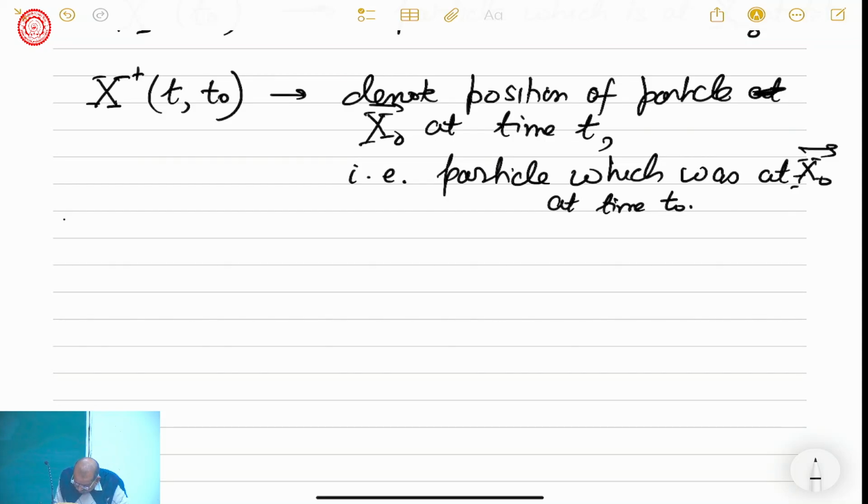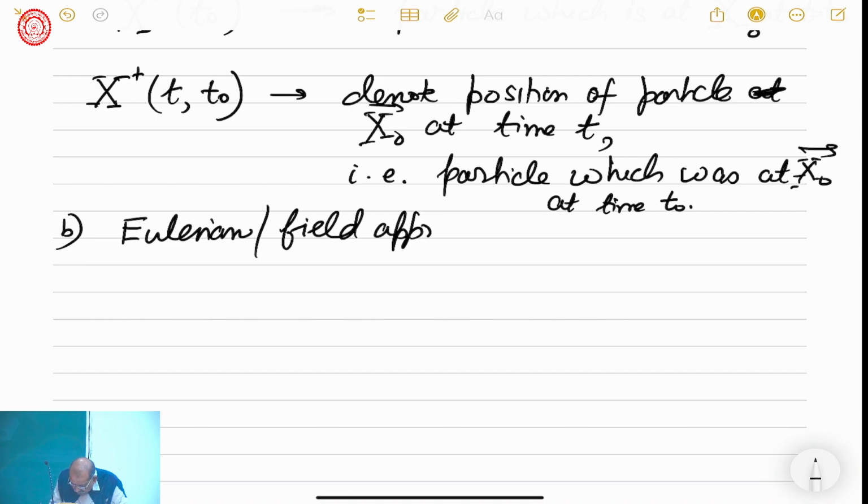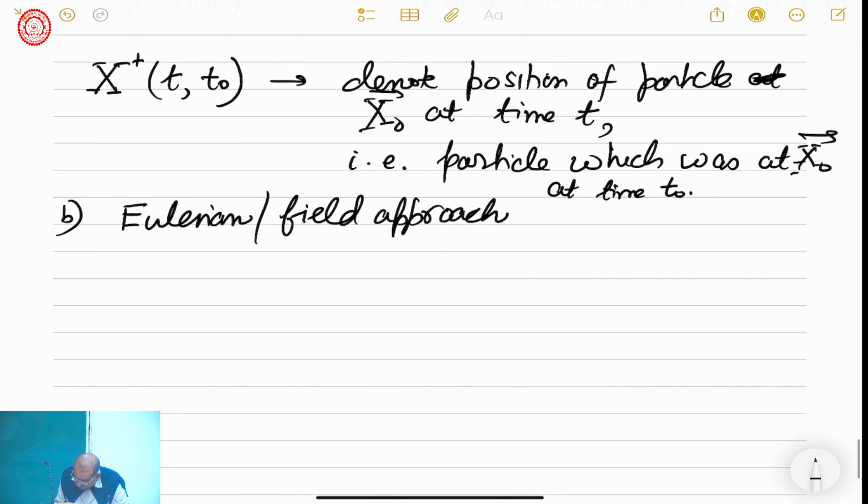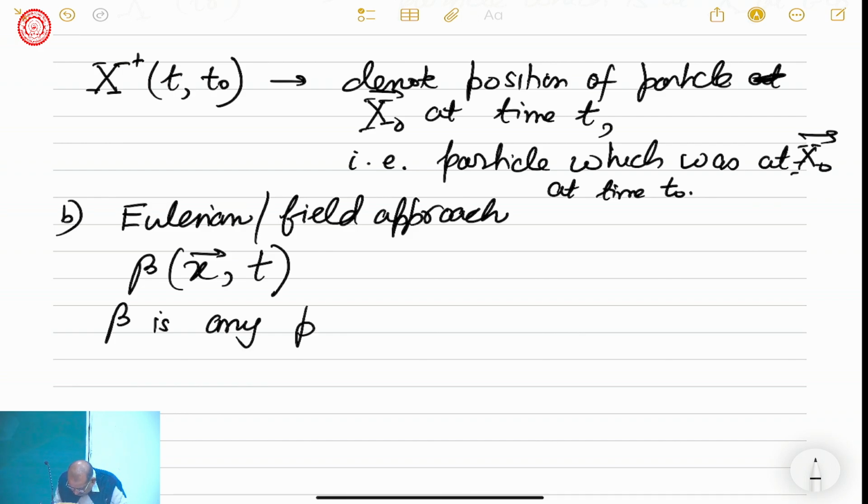But the second approach which we have is called the Eulerian or field approach, where we specify, we have a domain of interest where the fluid is flowing.